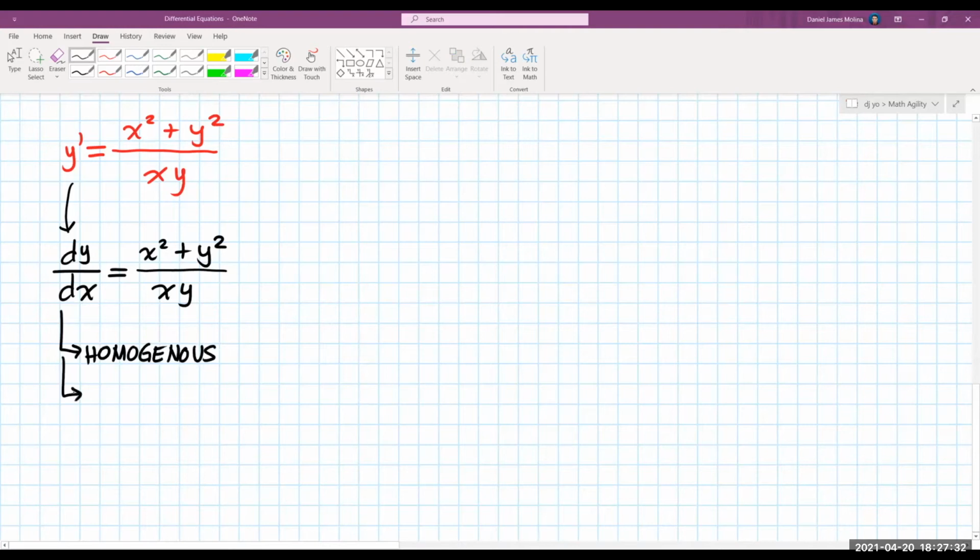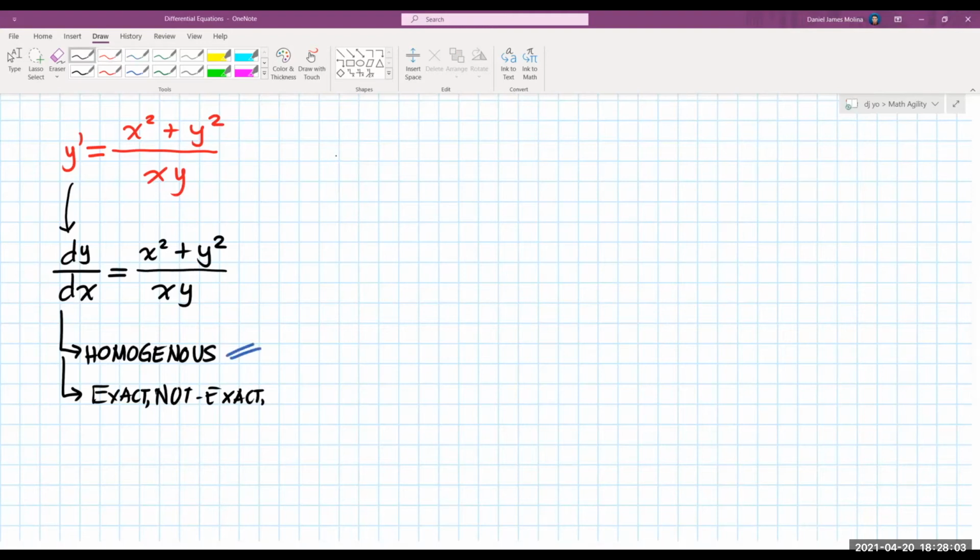Actually, we also have other types of differential equation, which are exact, not exact, and the like, linear ordinary differential equation, Bernoulli, and so on and so forth. But we can actually use here the homogeneous.